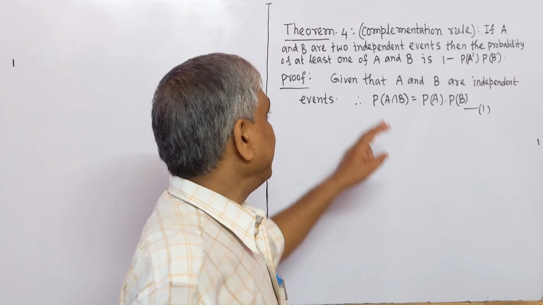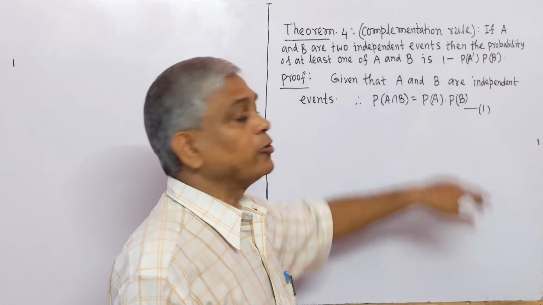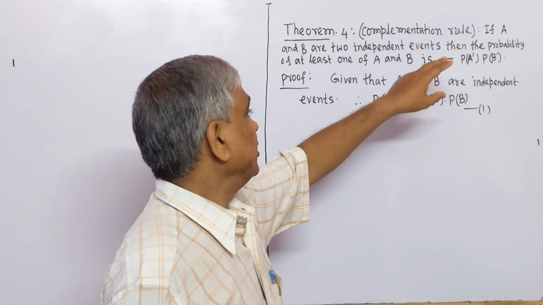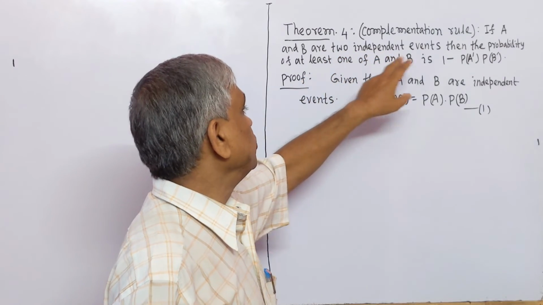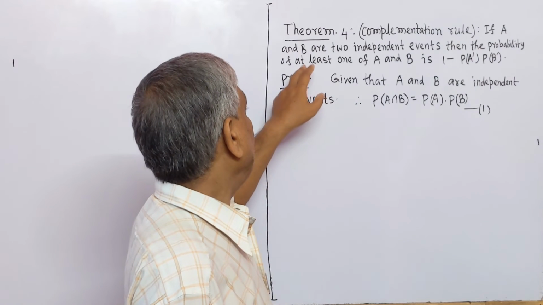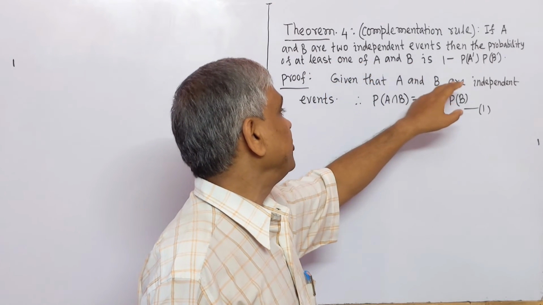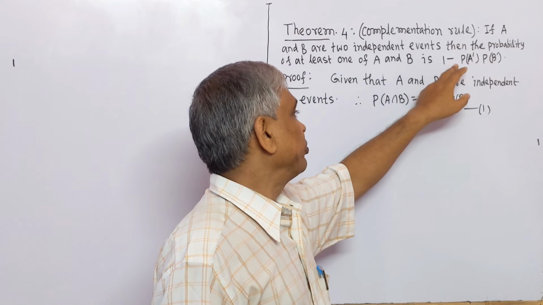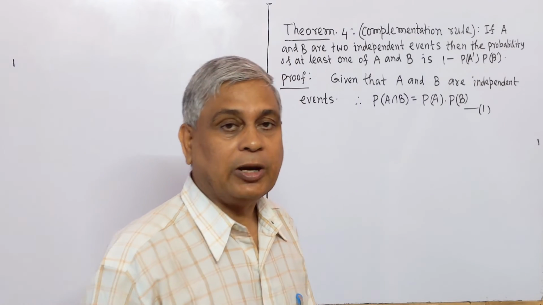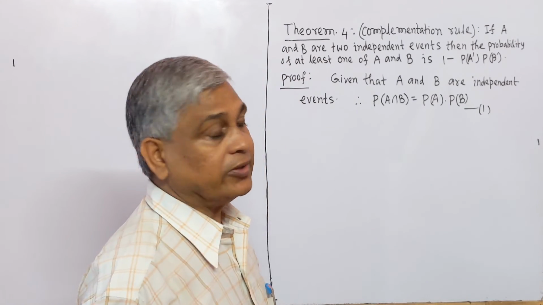Now we prove the next theorem. The next theorem is known as the complementation rule. The statement is, if A and B are two independent events, then the probability of at least one of A and B is 1 minus probability of complement of A multiply probability of complement of B. Now we prove this.